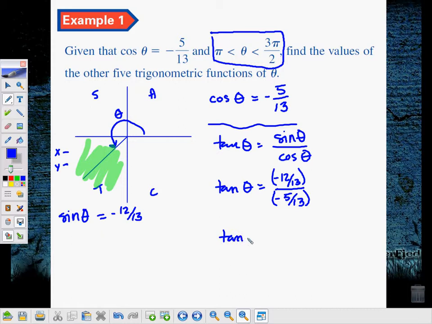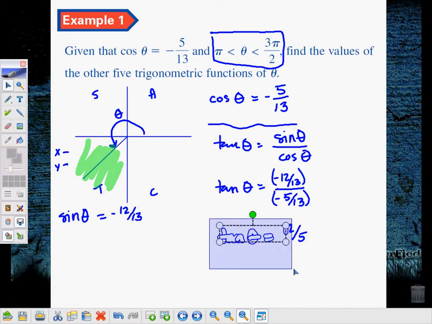I get the tangent of theta is equal to 12/5. And I really like leaving it in fraction form. It makes other things simpler down the road. So please leave this as a fraction if we're already working in fractions. So there's the tangent value. And it came out positive, just as I said it was going to. Okay, no option for it to be negative, actually. And I will set that one aside.